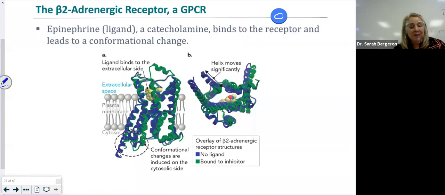So we have lots of area in this G protein coupled receptor that can associate with other proteins. But what happens when we bind? It gets pulled up into the membrane. So now you no longer have those sites available for association with other proteins. And that's the big conformational change that's going to start this whole pathway.